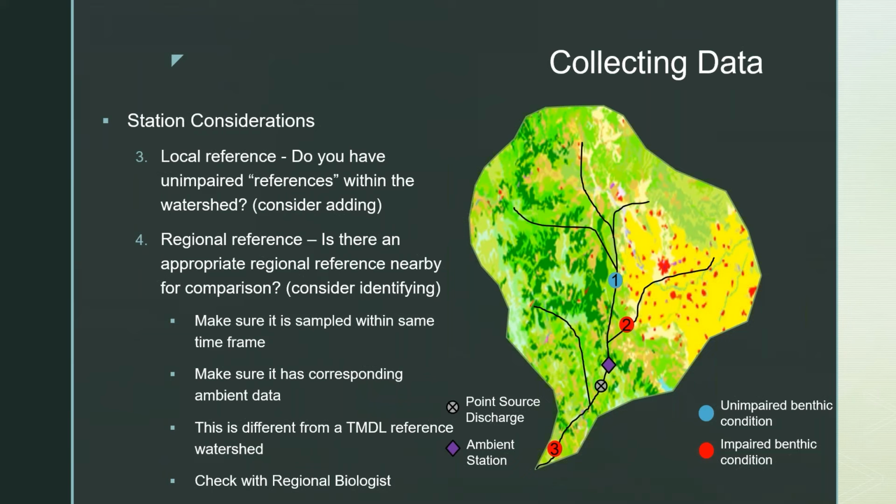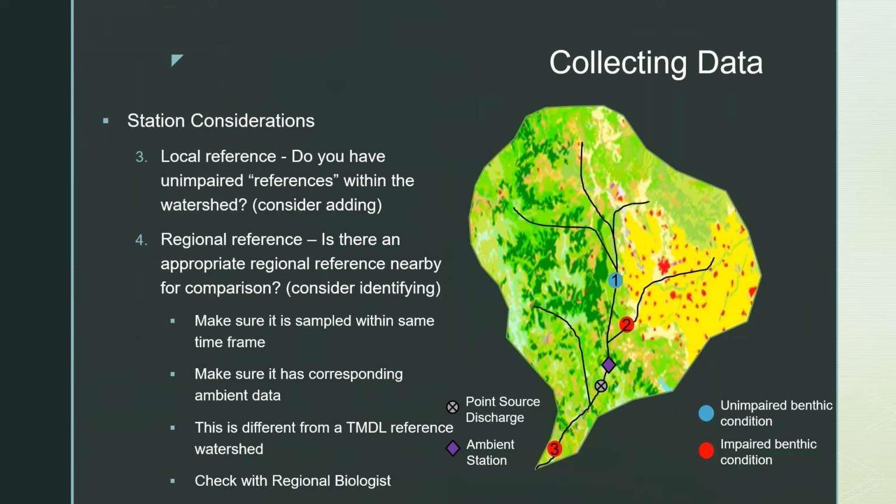Now again, when you think about references, there are a couple different types. What I'm talking about here is a benthic reference that has unimpaired conditions, not necessarily one that we're going to use to compare for the TMDL. It's not necessarily a TMDL reference watershed, but it is a benthic reference watershed.